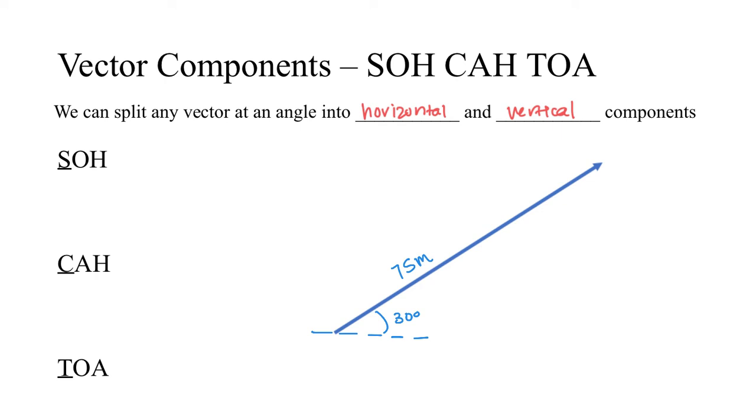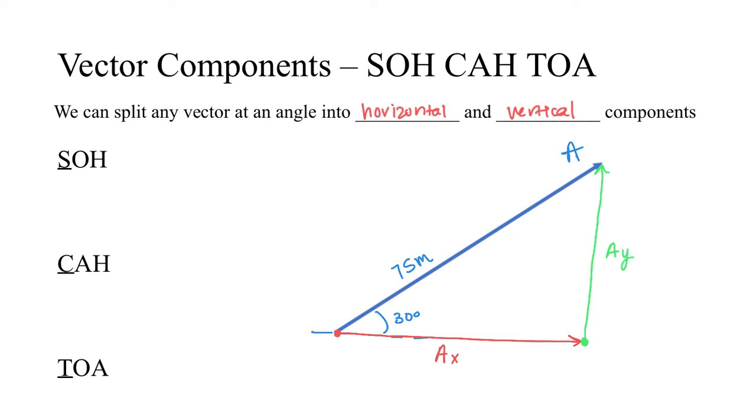And so what I can do is I'll show the horizontal component in red. I'll start here and show the horizontal part of this vector in red. If we call the big vector A, then this could be A sub x, right? And then if I show my vertical component in green here, this could be my A sub y.